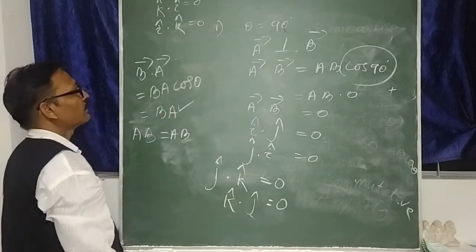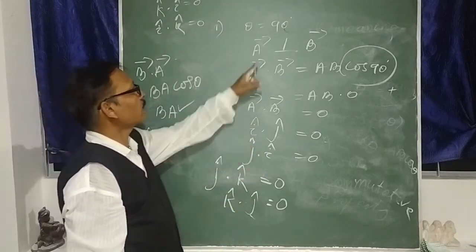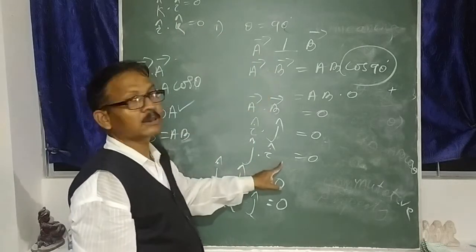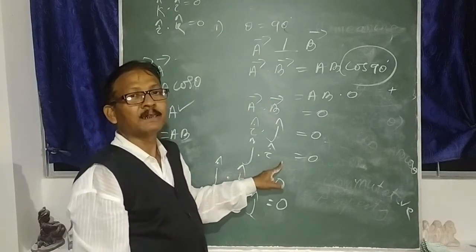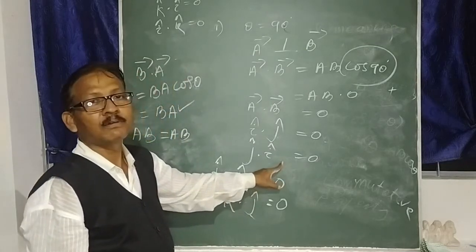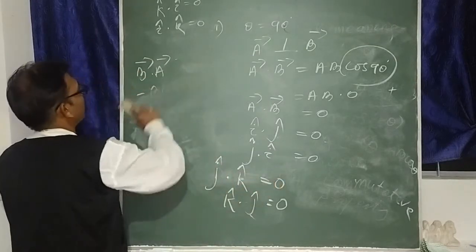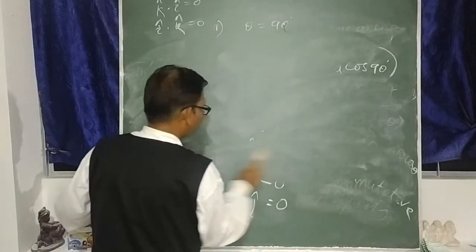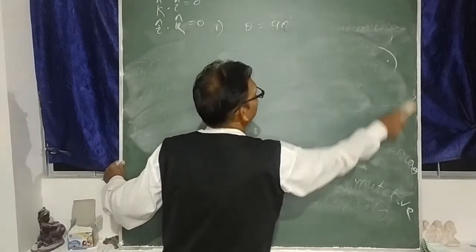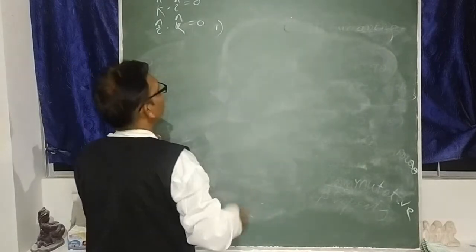So when theta is equal to 90, two vectors are perpendicular, then the dot product is 0. This is very useful in mathematical numericals of dot product. Then come to similar vectors.